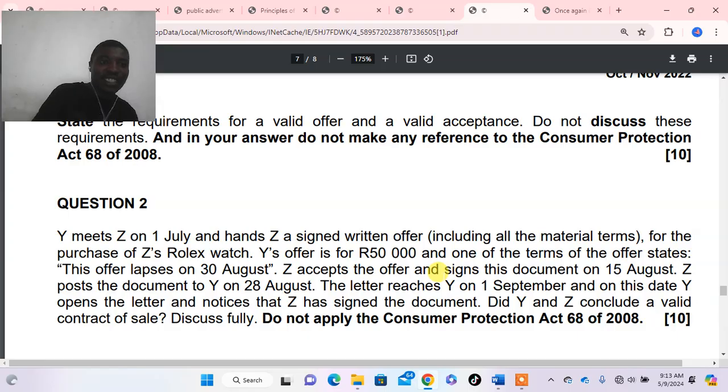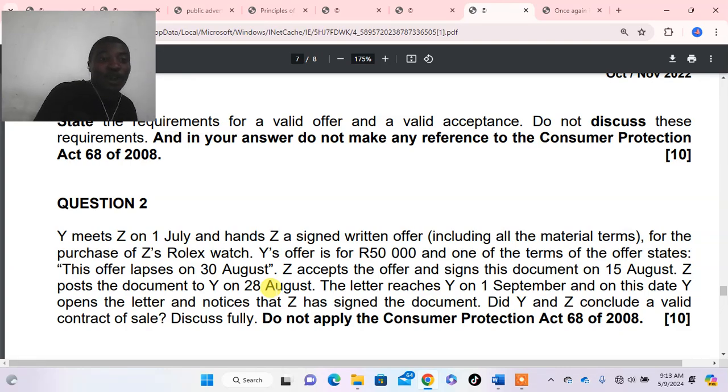If Z was the offeree, the contract would have come into being via the declaration theory. However, Z is not the offeree, Z is the offeror. Then it means the contract cannot come into being when he signs the document. Then Z posts the document on the 28th August. Remember, if Z was the offeree, the contract would have been binding based on the expedition theory.